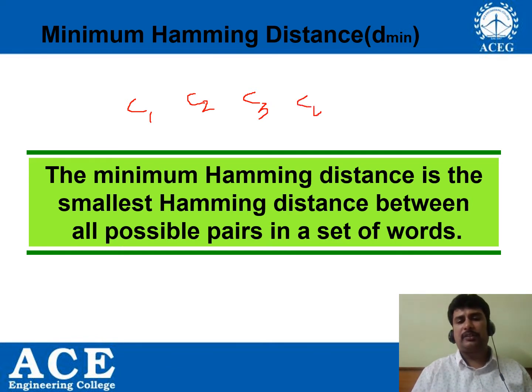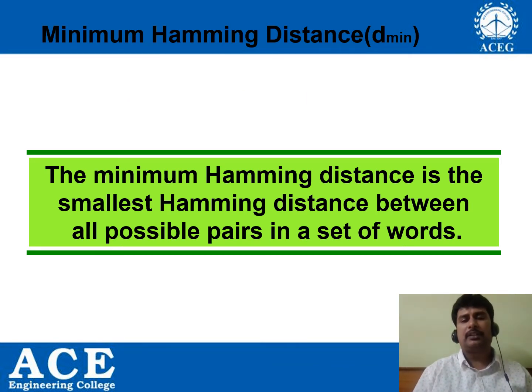So the Hamming distance between C1 and C2, C1 and C3, C1 and C4, then C2 and C3, C2 and C4, then C3 and C4. So totally we have 6 combinations. Whichever combination provides the minimum value will be referred to as the minimum Hamming distance. Now let us take a simple example to understand what we mean by minimum Hamming distance.